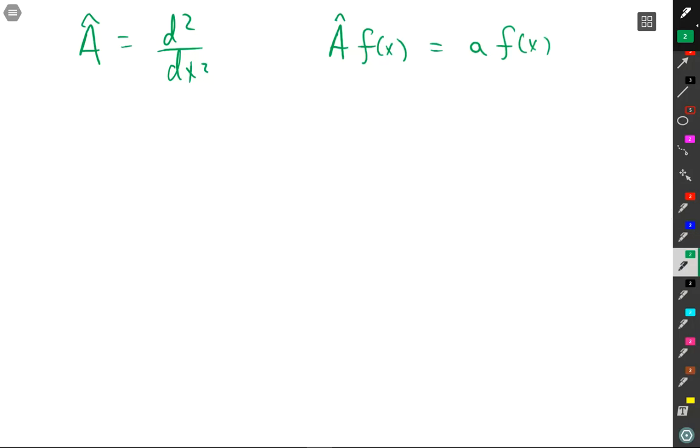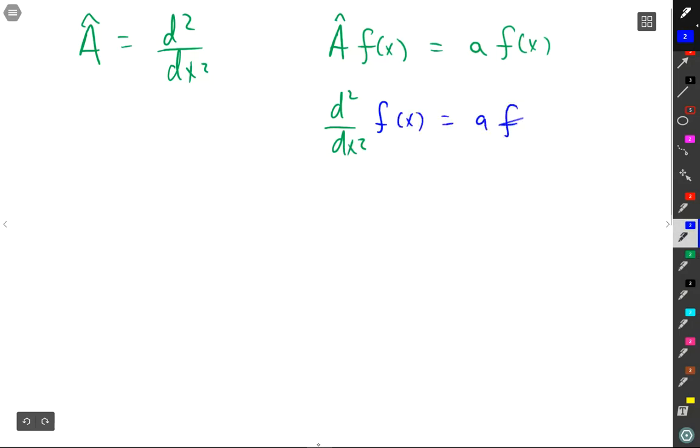Right, that's our fundamental definition. And so now I put that operator in, and I have d second dx squared operating on a function of x equals A times the function of x. And this is where our differential equations experience kicks in.